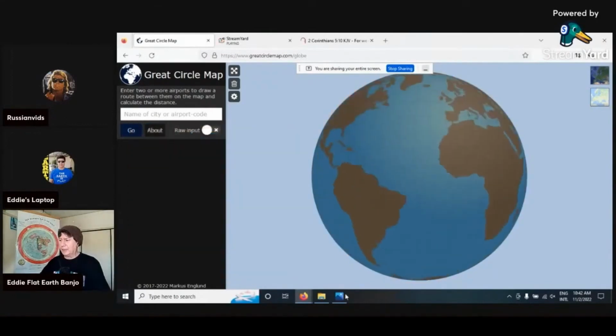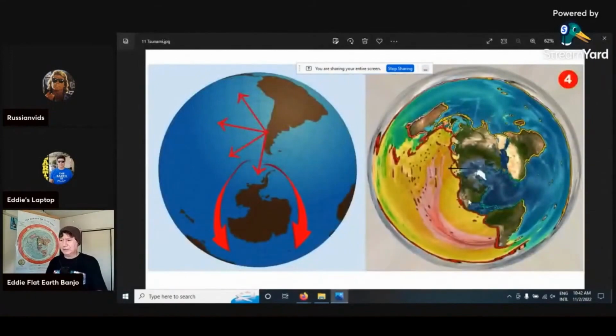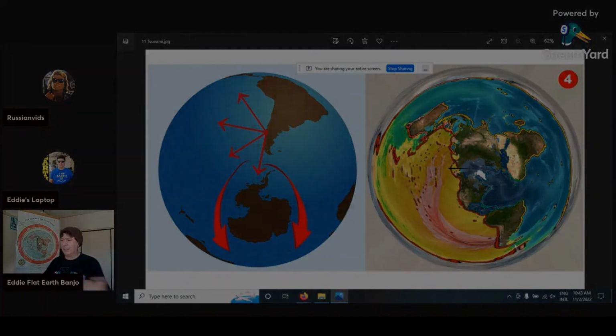All right, so basically, this is what I want to tell you guys. We are surrounded by this ice wall, and tsunamis never wrap around Antarctica because Antarctica is not a continent. And for those who don't believe there is an ice wall, you better believe, because these waters are contained. And that's why you see the damage always made in this region right here.